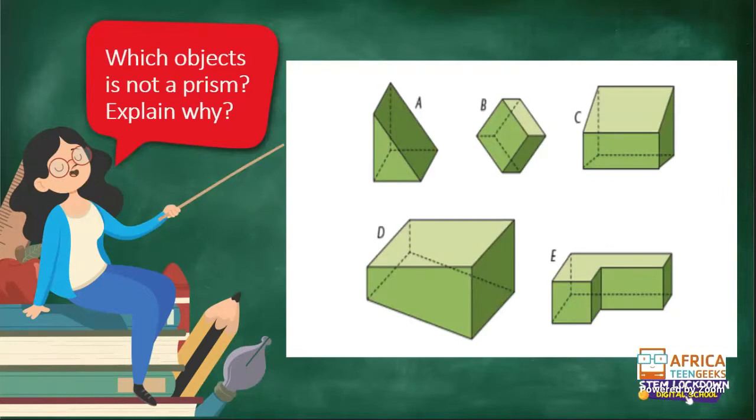So here we're going to identify, we have A, B, C, D, and E. So you're just going to choose one, and we explain why that type of an object is not a prism, right? You say it is A, and you say why you're saying it is A. If it's B, why it is B. Sorry about that.